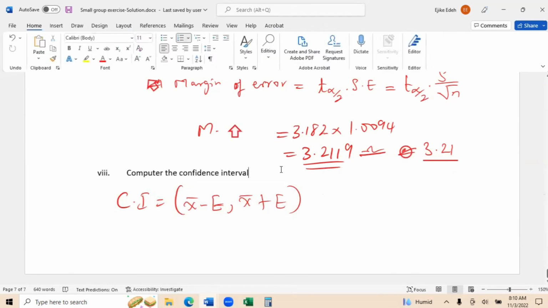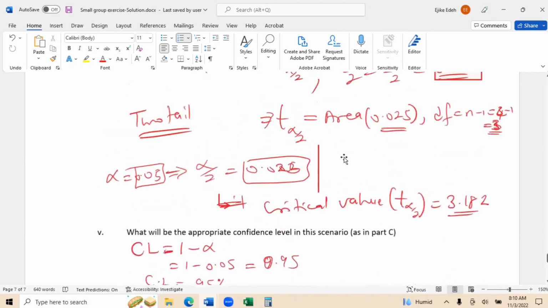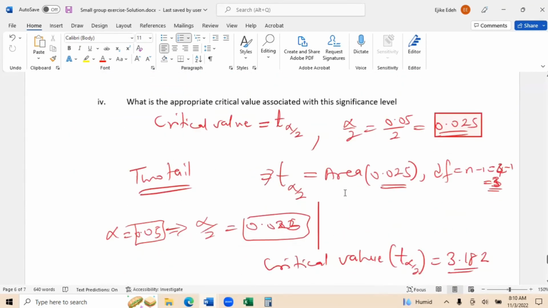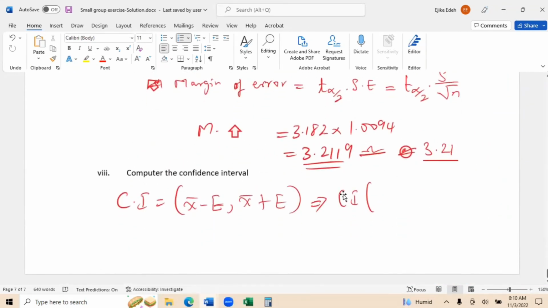If we simplify this, the confidence interval will be equal to the mean. The sample mean here we got as 46.5. So we have 46.5 minus the margin of error, which is 3.21, on the lower part, and on the upper part we have 46.5 plus the margin of error, 3.21.